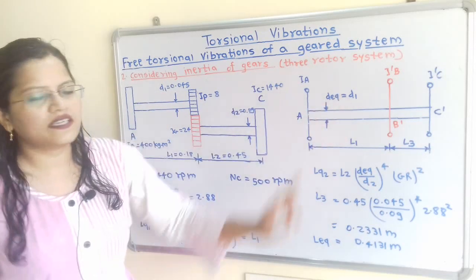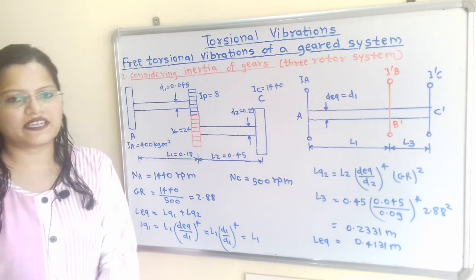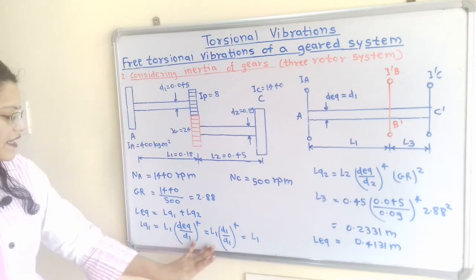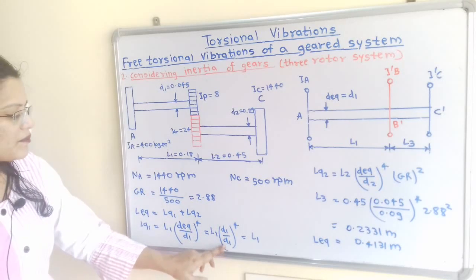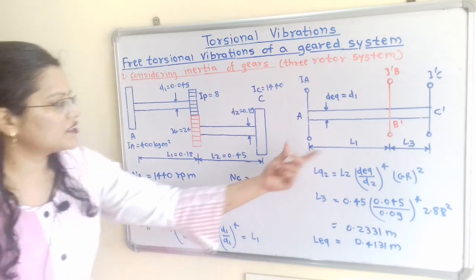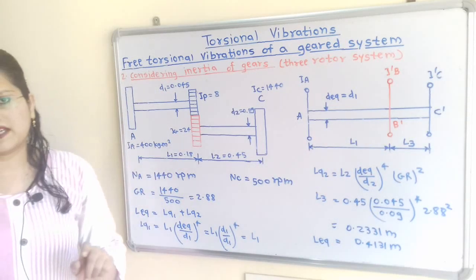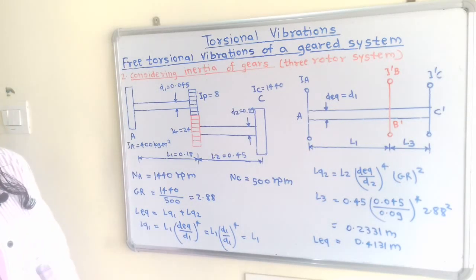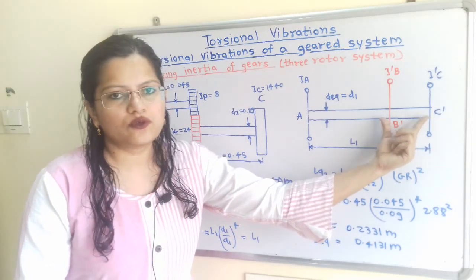But D equivalent is equal to D1. So D1 by D1 raised to 4, that is 1 raised to 4. So L1 into D1 by D1 raised to 4 is equal to L1. So for this first part, the equivalent length is 0.18 meter.